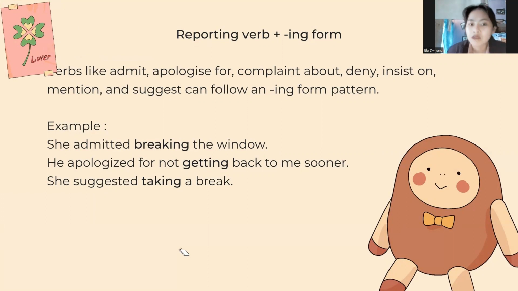He apologized for not getting back to me. She suggests taking a break. Okay, next.